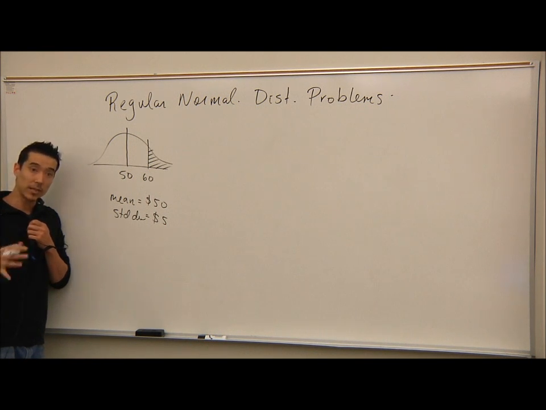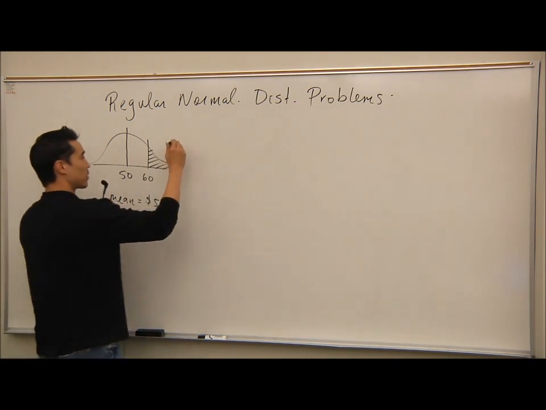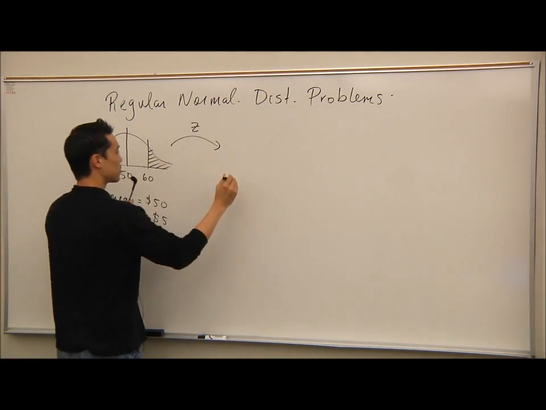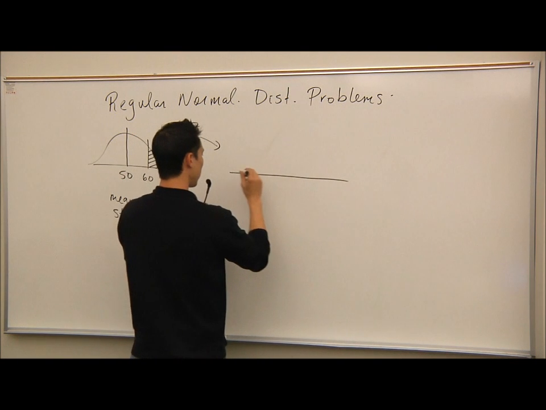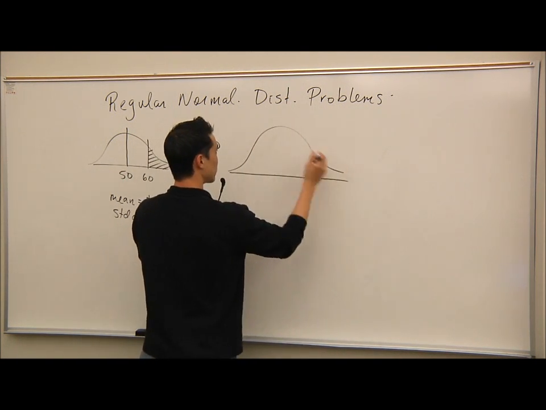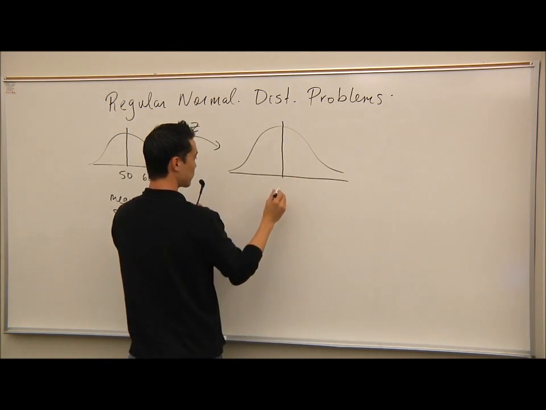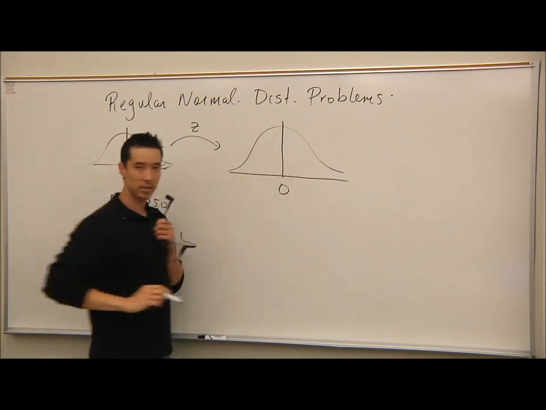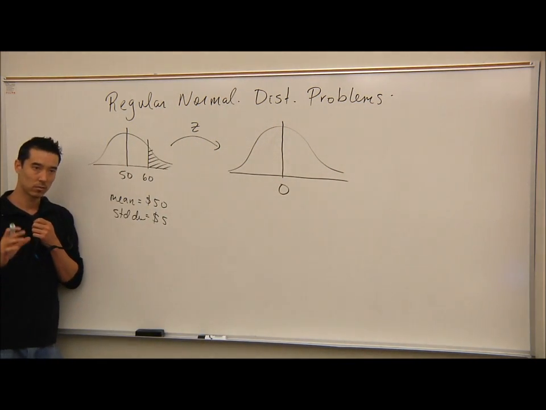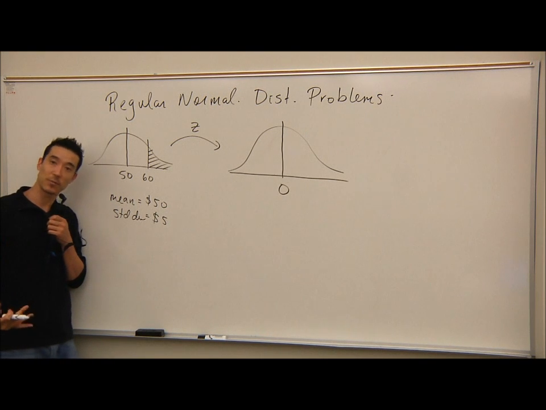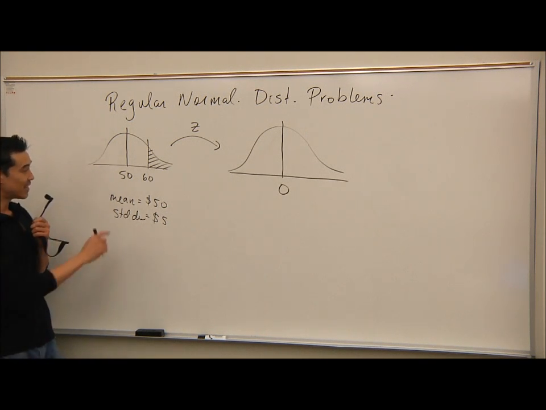Well, your job is to transform this to a z standard normal distribution. So we're going to transform this to a z distribution. And in a standard normal distribution, what is my mean always? 0. And what's the standard deviation always? 1. Okay, which we've memorized from last class. All right.